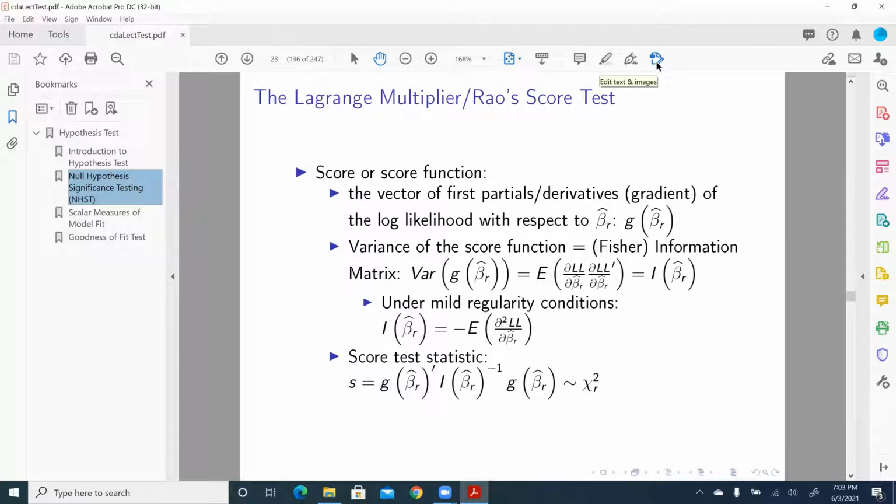Here the score test statistic is equal to the transpose of the gradient, multiplied by the inverse of the information matrix, which turns out to be the variance of the gradient, then multiplied by the gradient again. It follows a chi-square distribution with degrees of freedom equal to the number of constraints or restrictions, and then we can conduct the chi-square test.